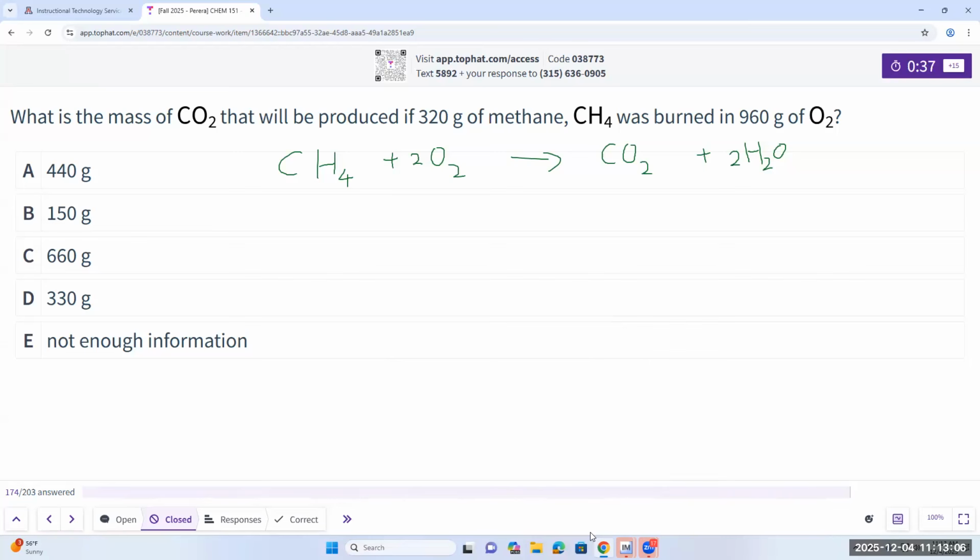And the other way is to do 2 calculations, and then based on that determine the limiting reactant and the answer. After talking to many students over the years, I know the second method is preferred by most of you. So I'm going to show you that because that's the easiest method as far as I'm concerned, based on the statistics I have.